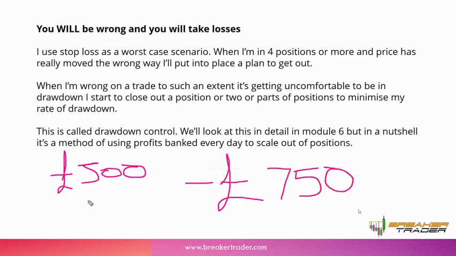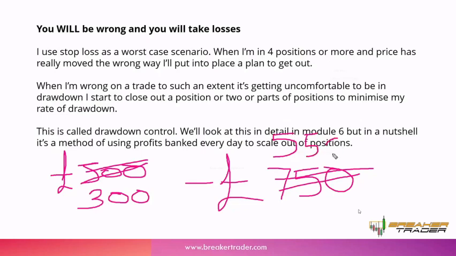What I can do is use some of this profit, £200 of it in this case, to make this less painful. All right. So I've come out the day still with a nice profit, but I've reduced my drawdown from 750 by closing some positions out at a loss. So I've taken £200 worth of loss in my P&L to reduce my drawdown to 550, so it's more comfortable.